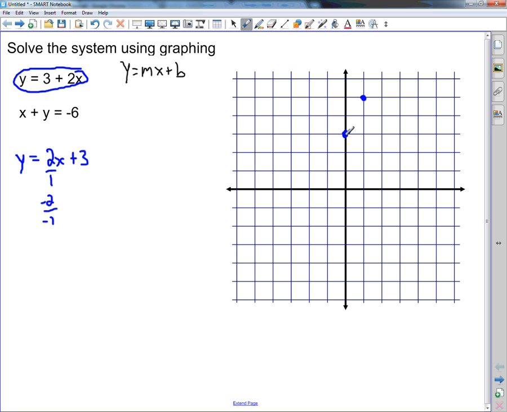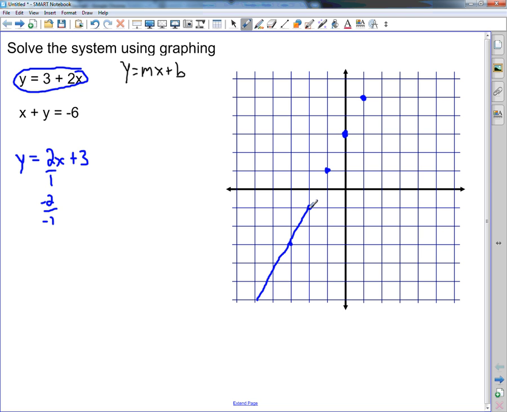So just like I can go up 2 and right 1, I can also go down 2 and left 1. I have a little more room down here, so I'm going to keep on going down 2, left 1. And we can continue that process as long as we want. So you can see how I have a few more points than normal. Okay, so we go ahead and connect our dots.